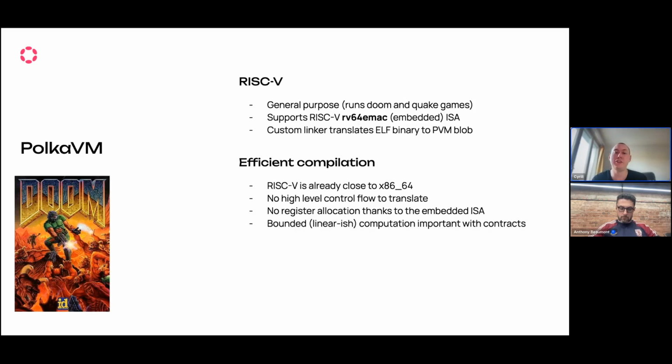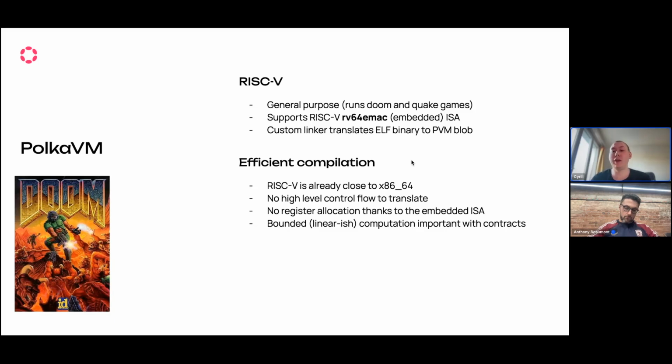PolkaVM provides very efficient compilation because RISC-V is very close to x86 bytecodes. So all those hard, annoying compilation problems that we have with WebAssembly just don't exist. We can compile those programs much faster. It also means that we can let LLVM or whatever good compiler framework spend a lot of time off-chain producing very, very optimized blobs.